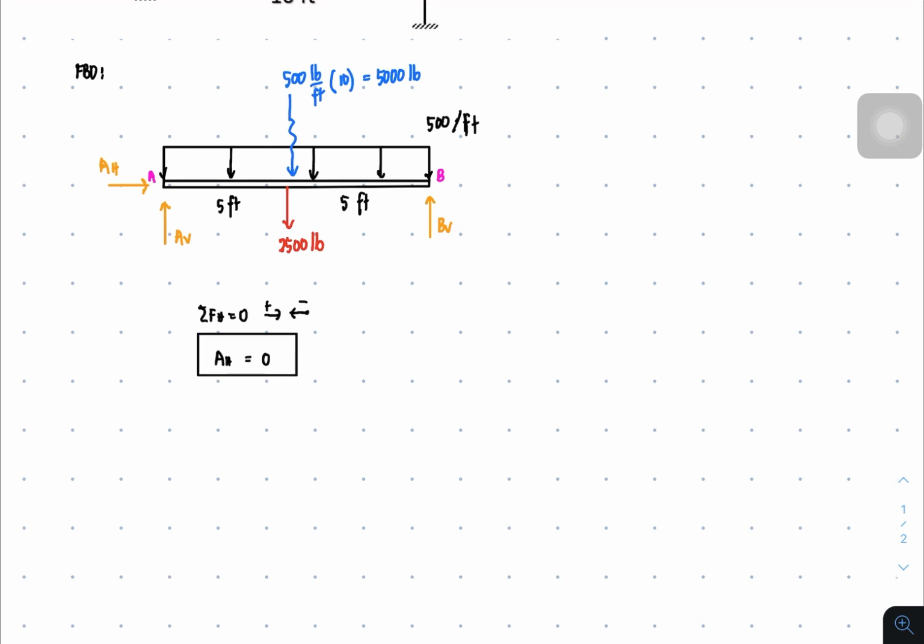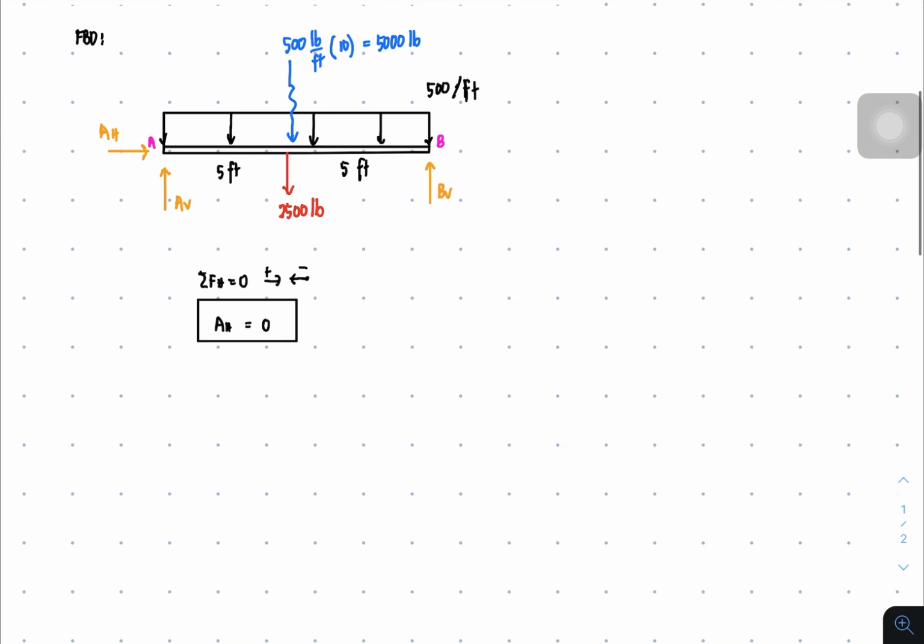Okay, so we're through with the summation of forces horizontal. Next is summation of moment. You can interchangeably use summation of forces vertical and summation of moment. Let us proceed with summation of moment. In getting the summation of moment equal to 0, you have to decide at which point you are going to rotate.